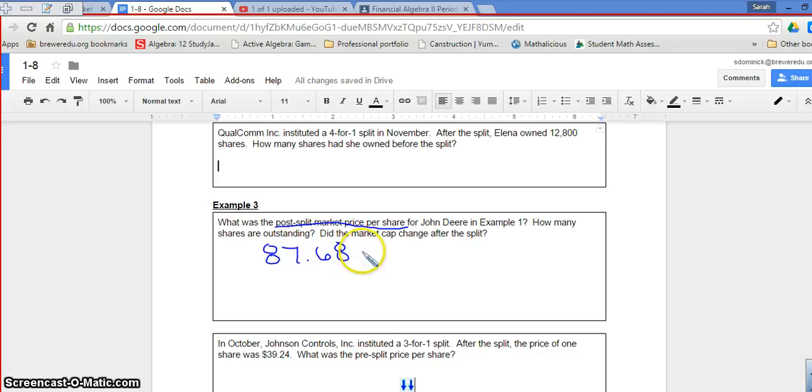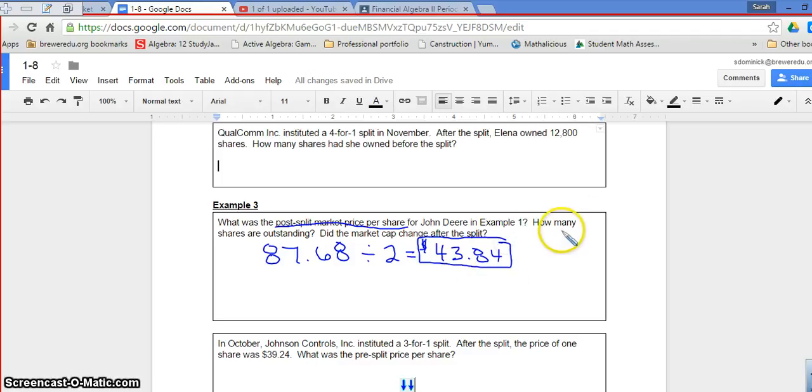So they cut those in half, right? It was a 2-for-1, so I need to divide this by 2. If I divide that by 2, I'm going to get 43.84. That's what each share was after the split. So there's the answer to the first one.